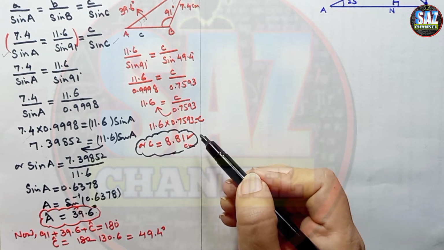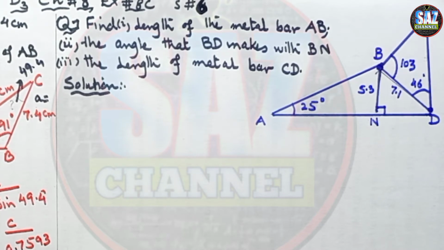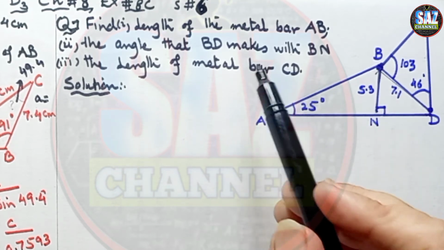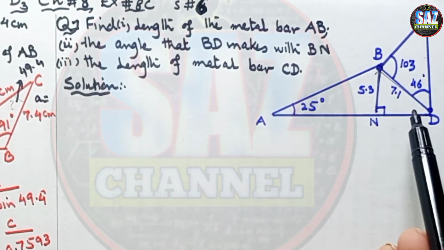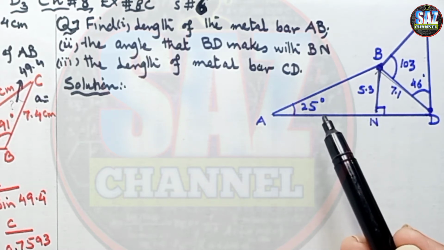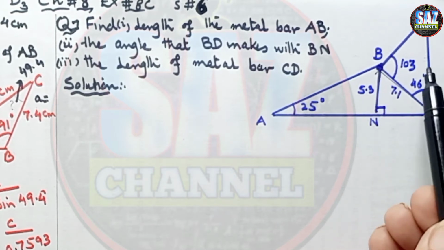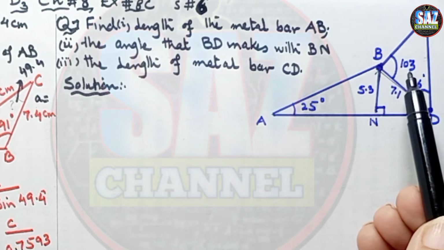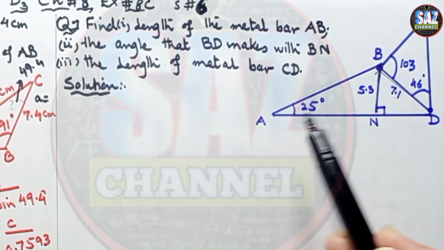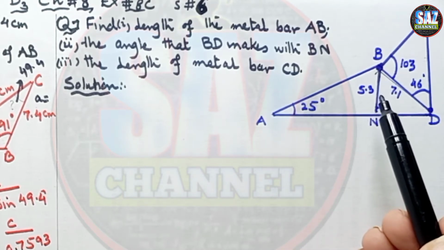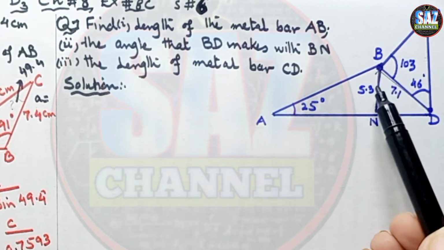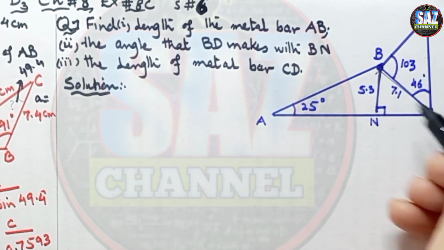Let's move to question number 7, and let me read the question from the book. Question 7 says, the figure shows the metal framework in which AD is horizontal with BD 7.1 meters, and angle BAD is 25 degrees, and angle BDC is 46 degrees, and angle DBC is 103 degrees, and the height of B above AD is 5.3 meters, and then we have to find the length of the metal bar AB, the angle that BD makes with BN.